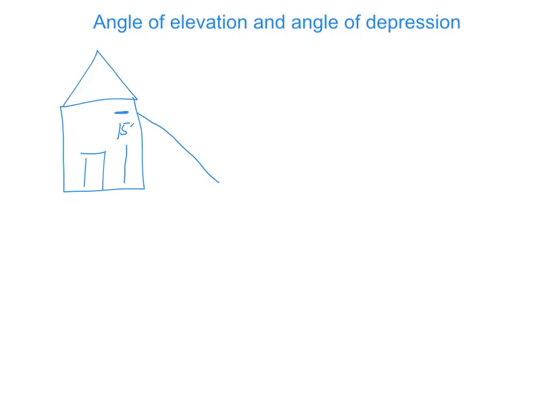Let's say that OSHA or whatever safety people are, they're going to tell us that for the ladder to be safe against the side of the house, this angle has to be 38 degrees. I honestly don't know what that is, but we're just going to say 38 degrees. So we need to find out the size of the ladder to use so that we can reach up 15 feet high. This is how the problem's set up.